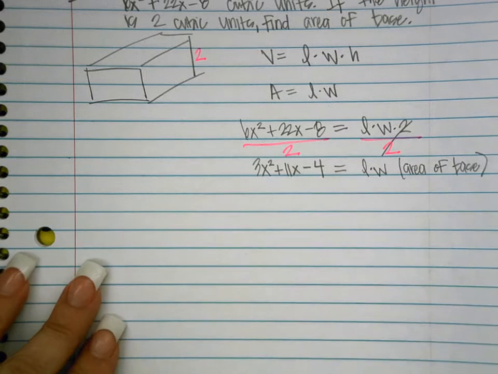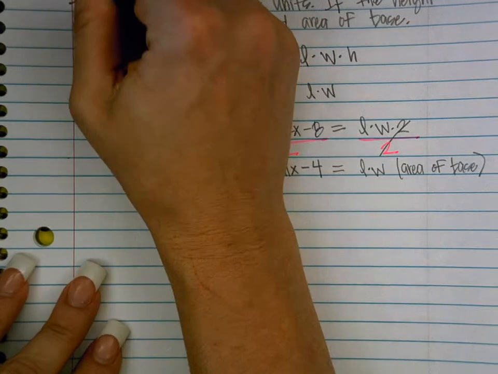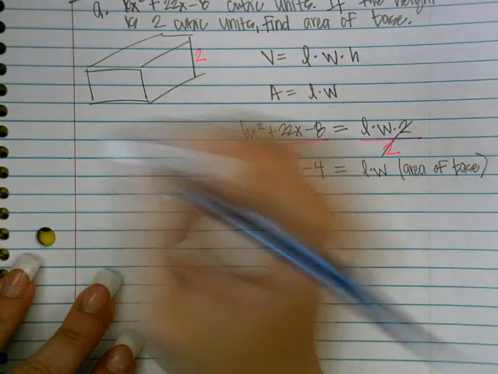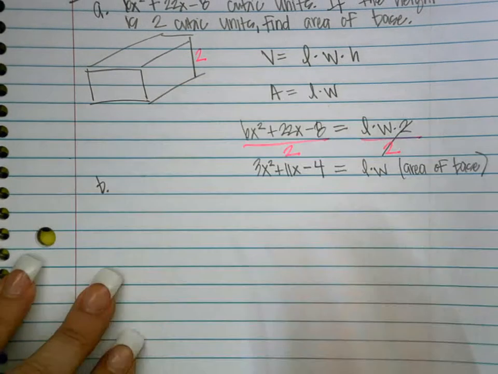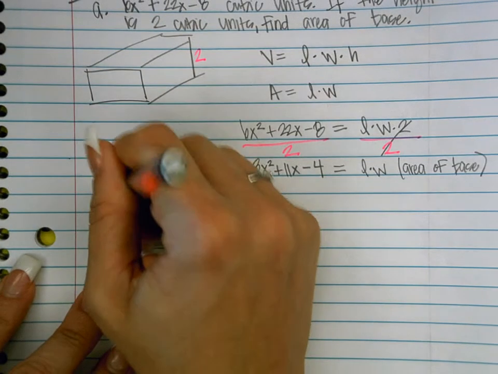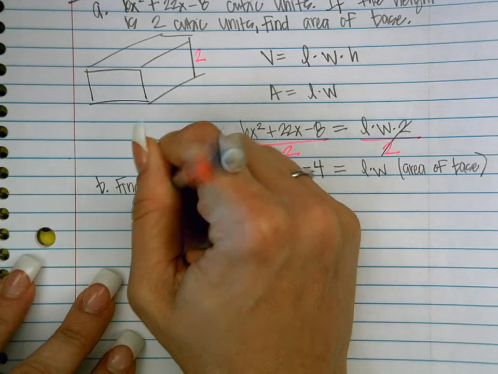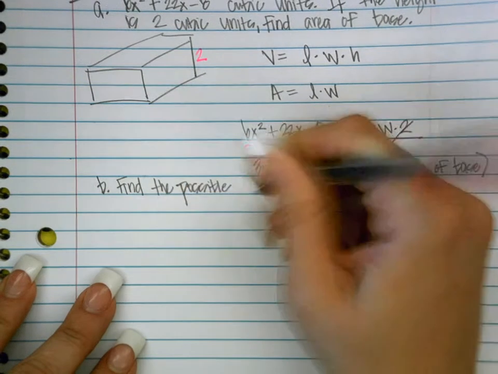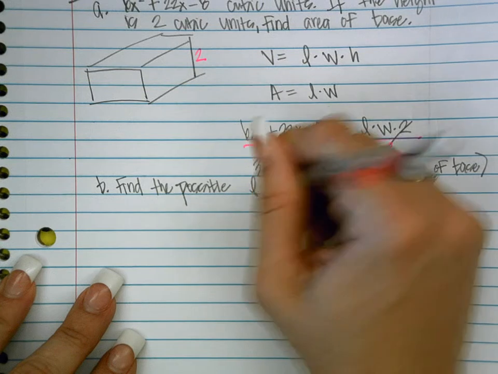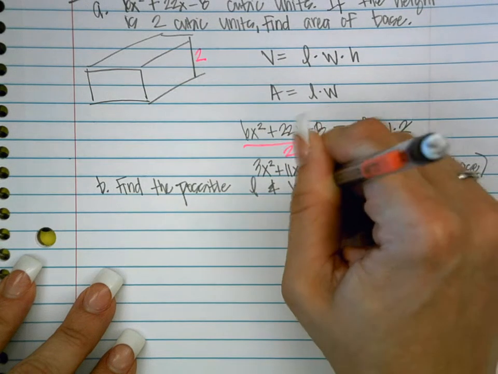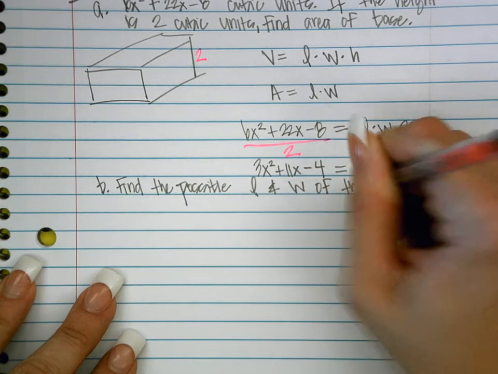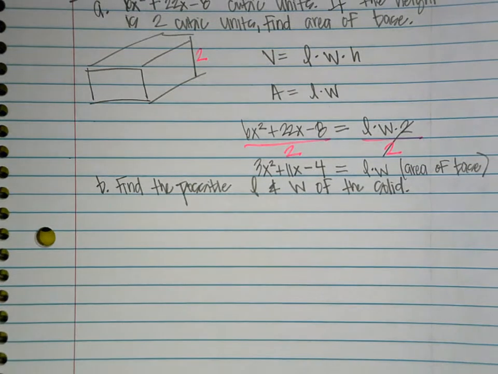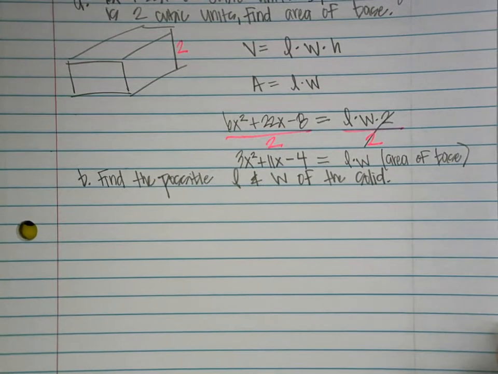But that was just the A part. Sorry. Now we have a B part. So now that we've found the area of the base, now I would like you to find the possible length and width of the solid.